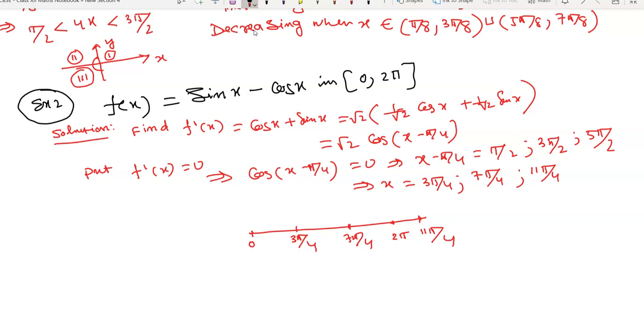Take the shortest interval. When x is greater than 0 and less than 3 pi by 4, we have x minus pi by 4 greater than minus pi by 4 and less than pi by 2.